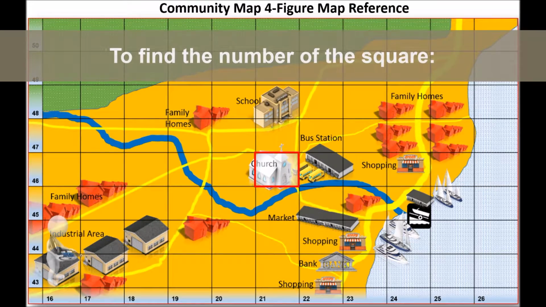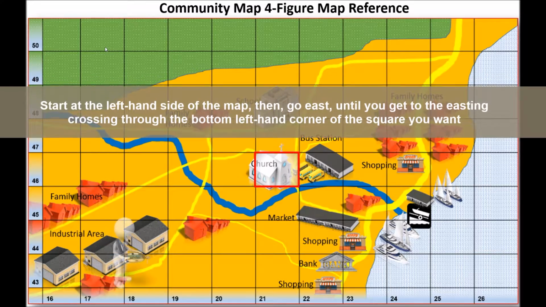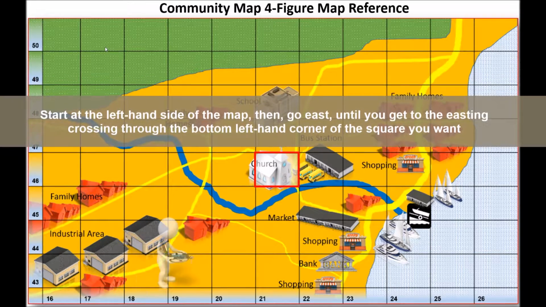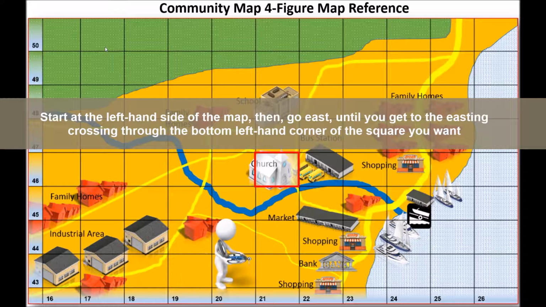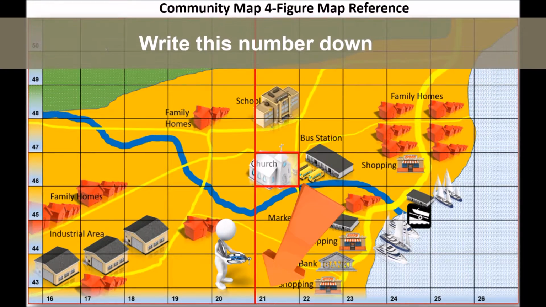To find the number of the square, start at the left-hand side of the map, then go east until you get to the easting crossing through the bottom left-hand corner of the square you want. Write this number down.